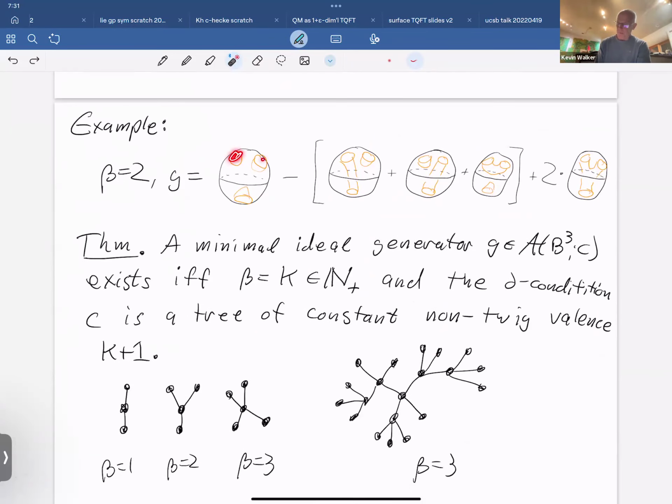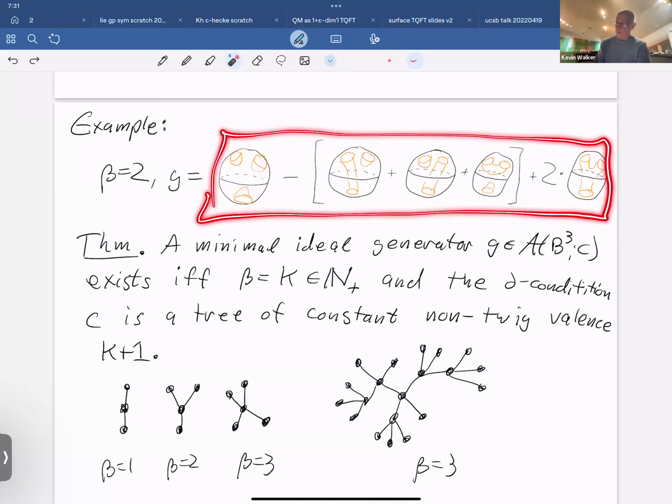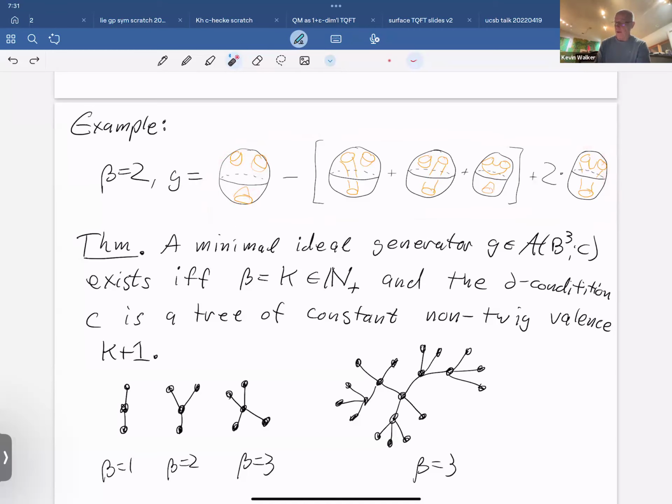And for this set of boundary conditions, 3 unlinked circles, we can take this linear combination, and you can check that also has the property. So this is a sensible relation to impose on surfaces. And I want to emphasize I'm imposing this relation and the partition relations and the closed components or scalar relations.